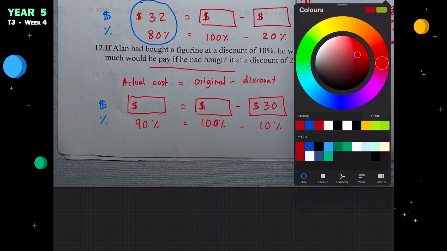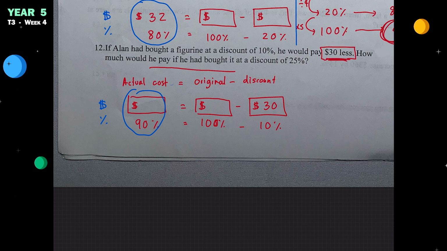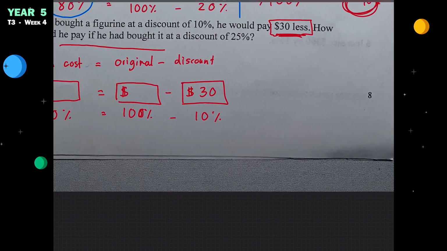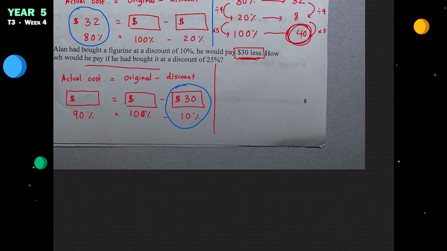Again, we're going to figure out which relationship to use. We can't use this. Not enough information. Can't use that. Same problem. But we can use this. Once we have a relationship between the numbers and the percentage, we can actually work out some stuff. So therefore, we know that 10% is our $30.